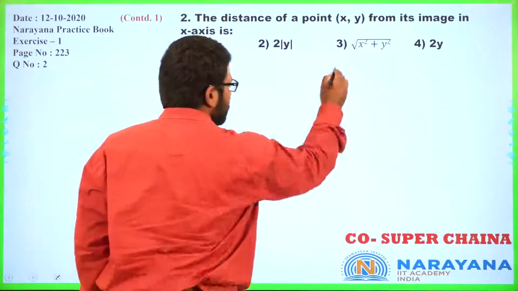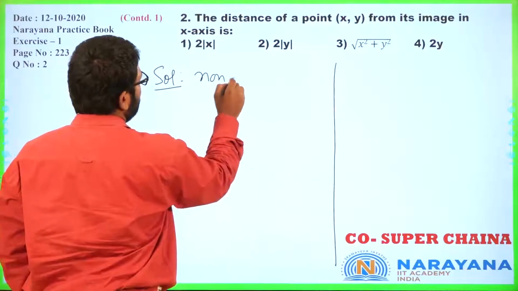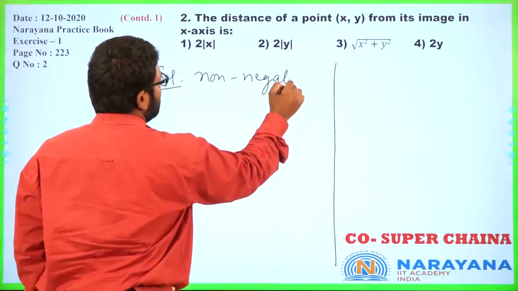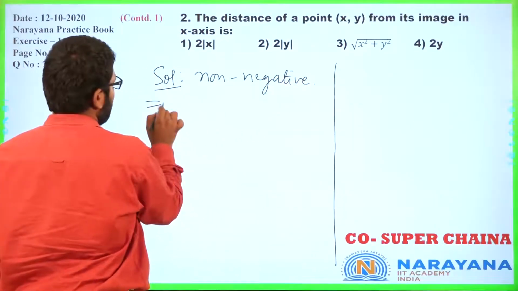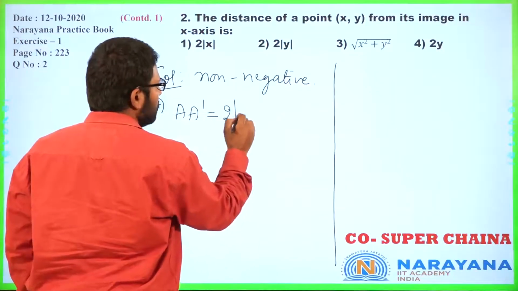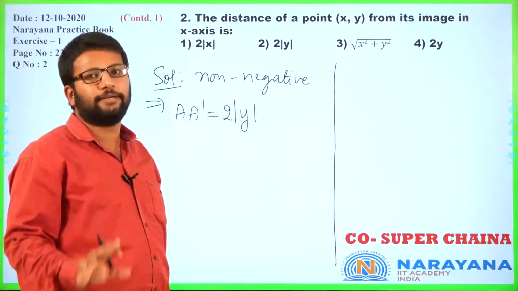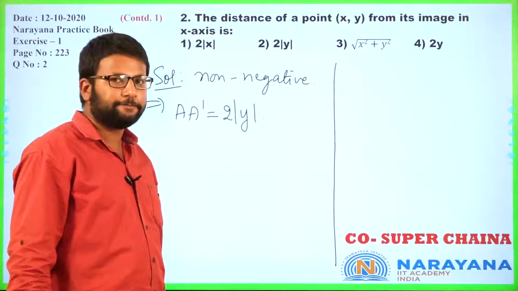So a better way to write it would be non-negative. Distance must be non-negative, right? So which means A dash would be 2 times mod of y. When we put mod of y, we are ensuring the fact that it should be positive, right?